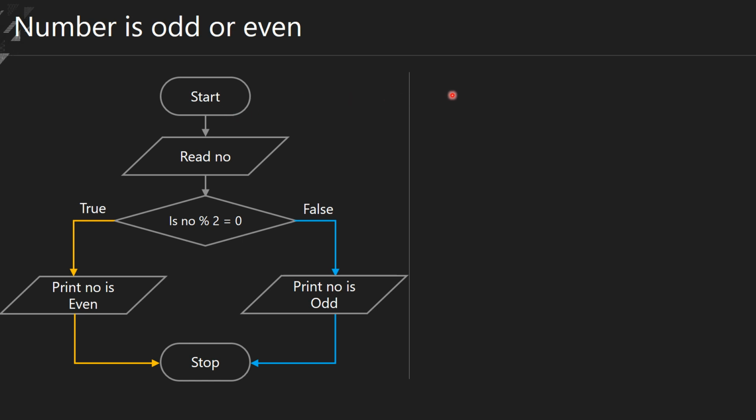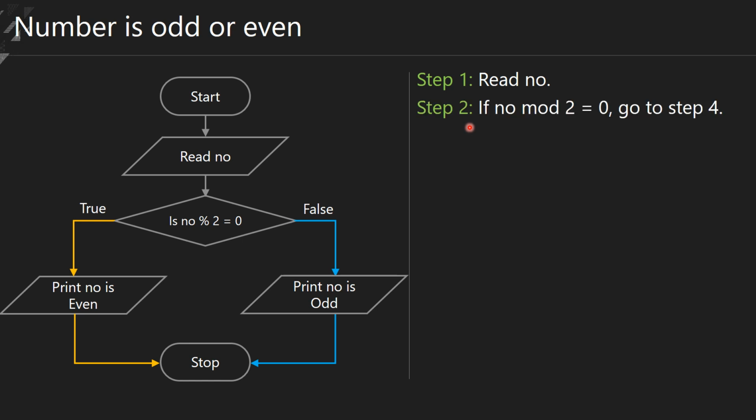Look at how to write an algorithm. Read the number, then you have to test it. You have to check whether the number gives the remainder 0. If number mod 2, where mod is nothing but the percentage operator, gives the remainder equal to 0, go to step 4.